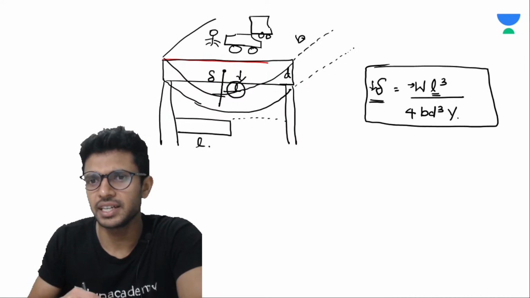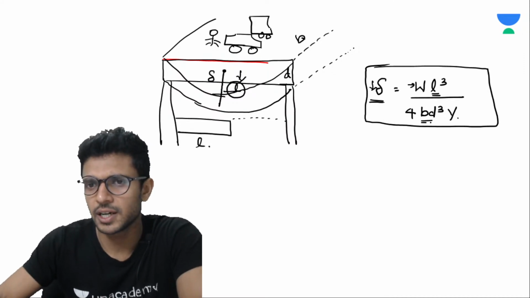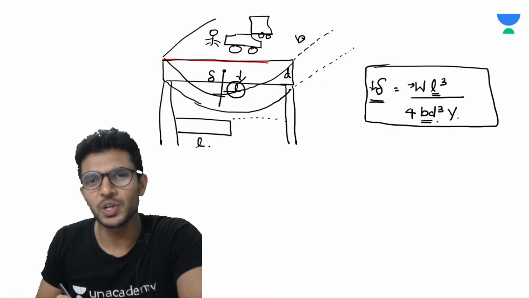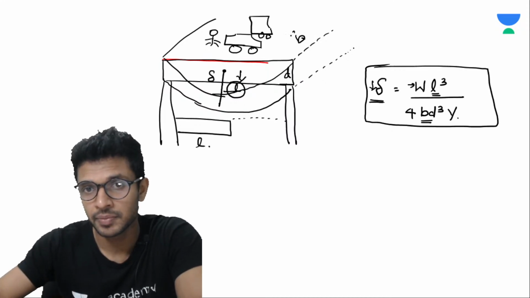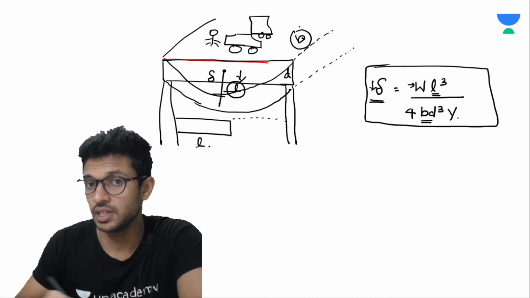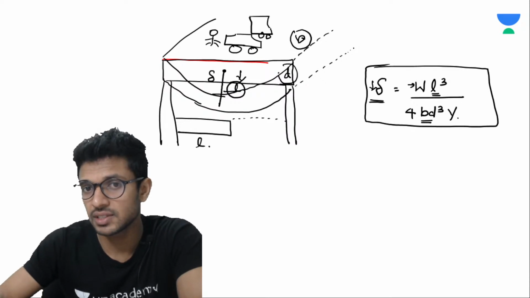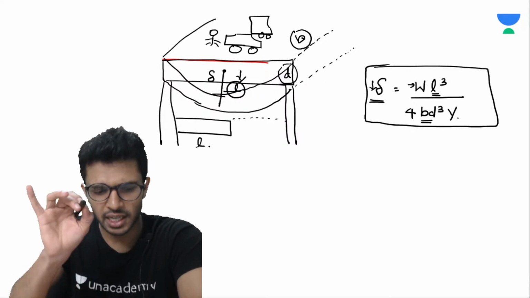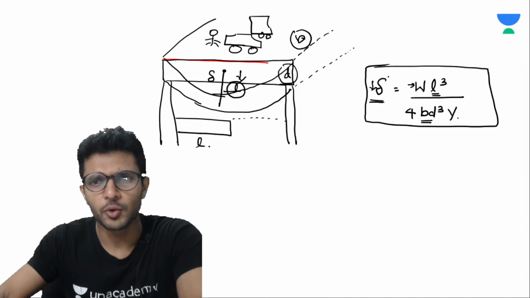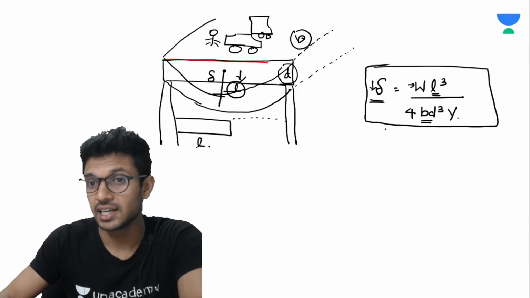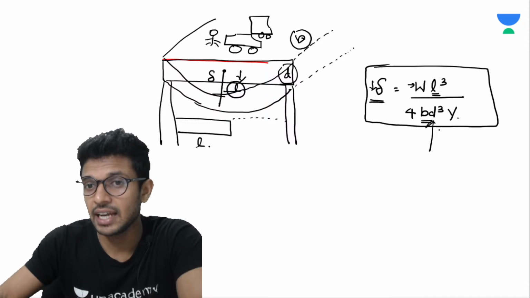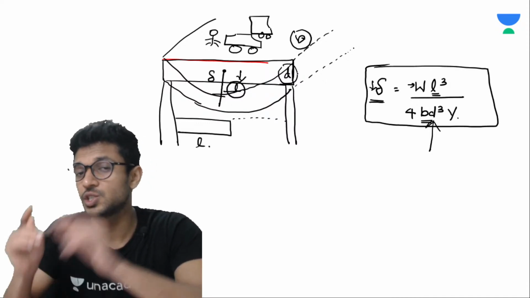Now what is the alternative? Look into the denominator. What do you have? You have this B, which is the breadth of the bridge, and then you have D, which is the depth of the bridge. Tell me, what is the best method for reducing this delta? Yes, by increasing the value of the depth of the bridge. Why?